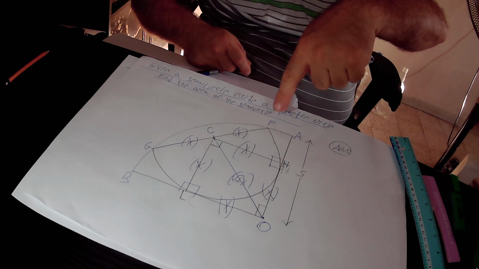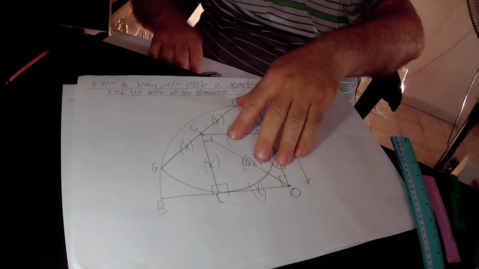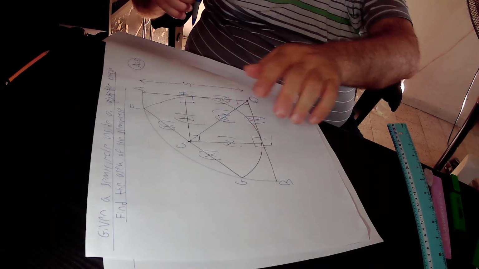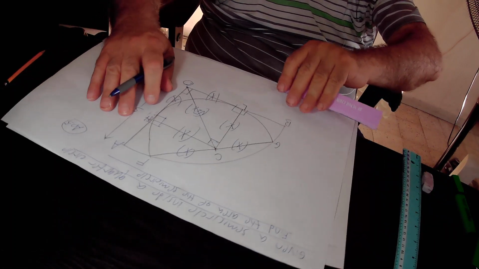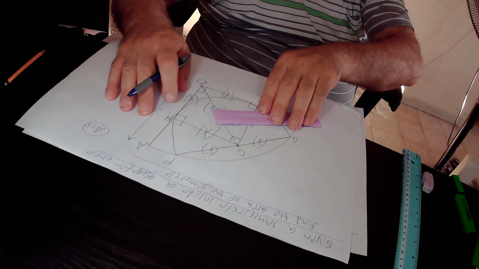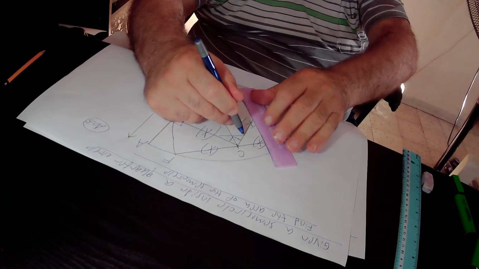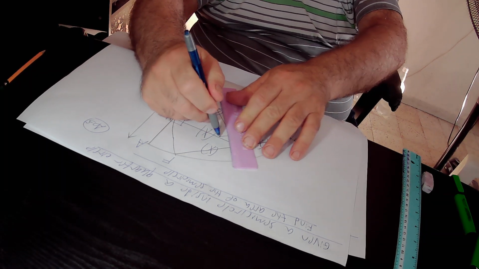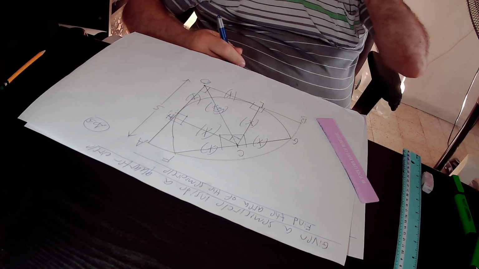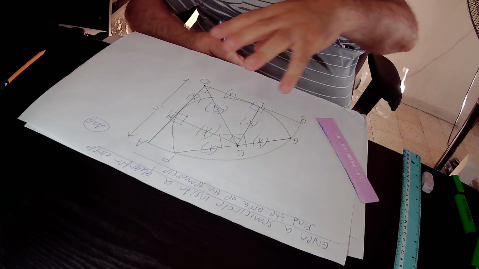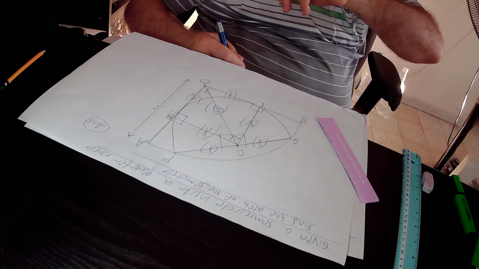If OC is perpendicular to FG, it means that this angle equals 90 degrees, and this angle also equals 90 degrees according to rule 7. We know that the radius of the quarter circle equals 5, so AO equals 5.